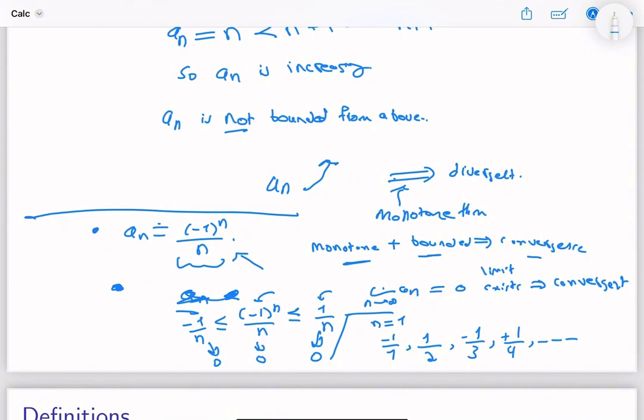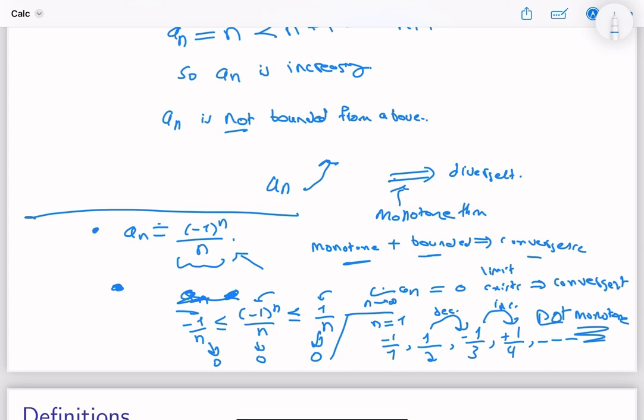So if you see, from here to here, it's going from a negative number to a positive number, and hence it's increasing, while from here to here, it's going from a positive number to a negative number, and hence it's decreasing. And thus this sequence is not monotone. This is important for you to keep in mind, that this sequence is not monotone, okay?